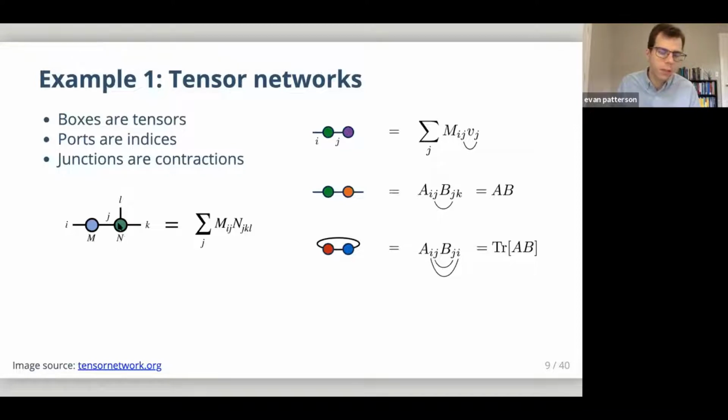The ports of the boxes are indices of the tensors, and the junctions specify contractions or summations. This is an unbiased syntax for generic contractions of tensors, which in the matrix case includes things like matrix-vector multiply, matrix multiply, traces, Kronecker products, and so forth.